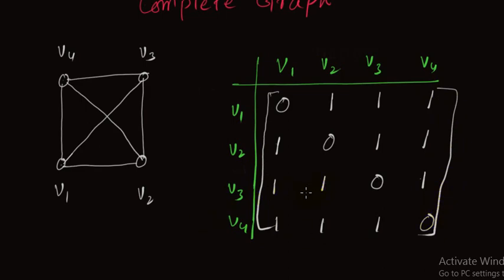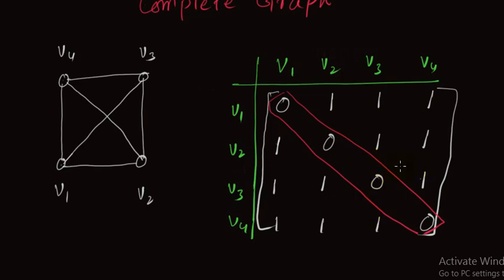Now in this matrix we see that again all diagonal entries are 0, but all non-diagonal entries are 1.